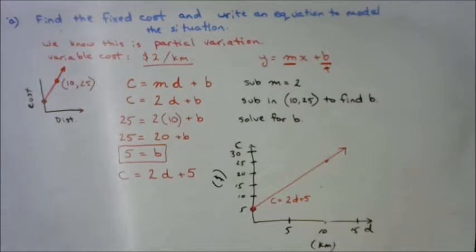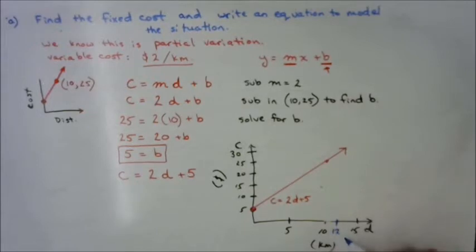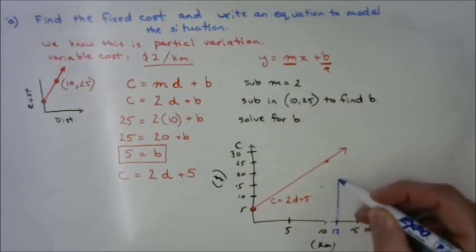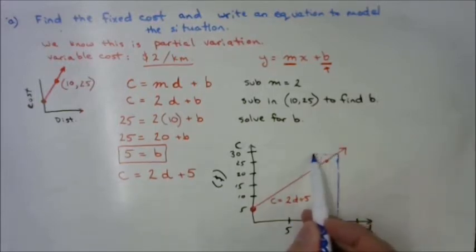Now in C, we want to answer the final question. We want to find out if she can afford the round trip to go to her friend's house. Her friend lives 12 kilometers away. Can she afford it? So there's 2 ways to do that. One way, which is not recommended, is to say, okay, 12 kilometers is right around there, and we look at our graph, and we say, is that still less than $30?